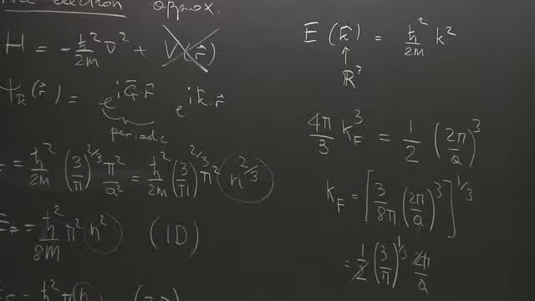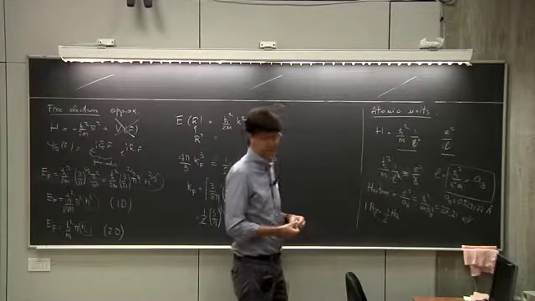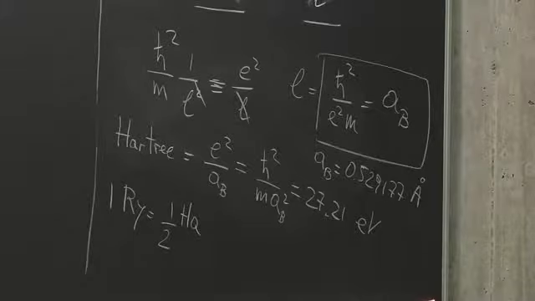And everything becomes expressible in terms of Hartrees and Bohr radii. So everything becomes dimensionless in principle if you use those particular units. I don't want to go through this exercise because it's a bit tedious.